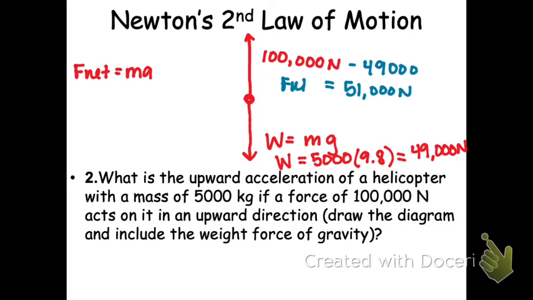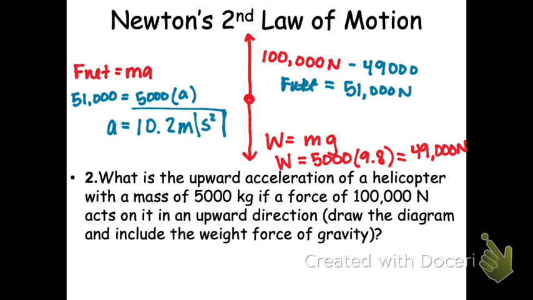That would be my net force. So then I'll come over here and say net force is equal to 51,000. My mass is still 5,000 and I'm going to solve for my acceleration. And that means my acceleration is equal to 10.2 meters per second squared.